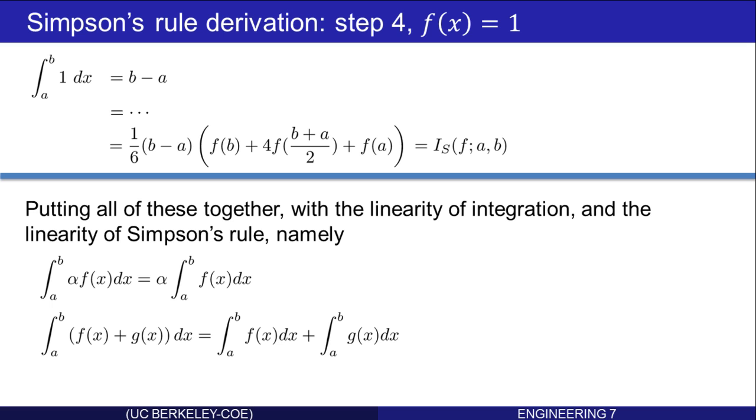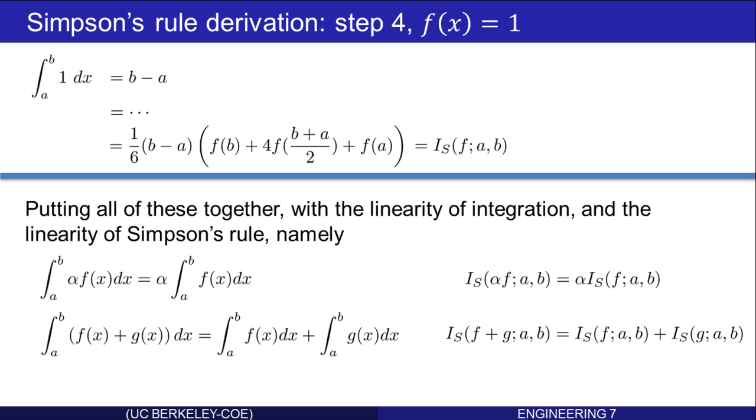Linearity for Simpson's rule means that the Simpson formula applied to alpha times f over the interval a b is just alpha times the Simpson formula applied to f over the interval a b. Remember what Simpson's formula is. It's f evaluated at three particular points, added together and scaled by a number. So if f changes by a factor, clearly that quantity changes by the same factor. And that's all we mean here.